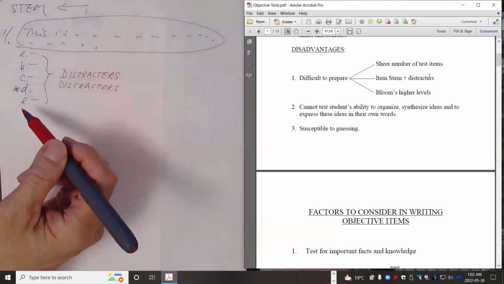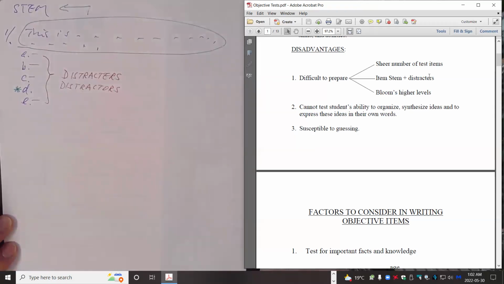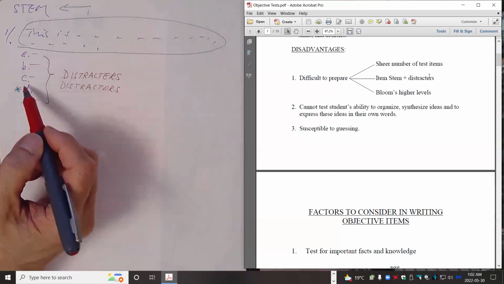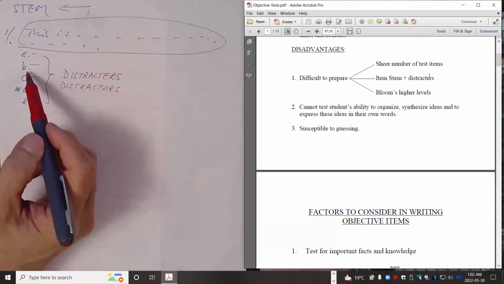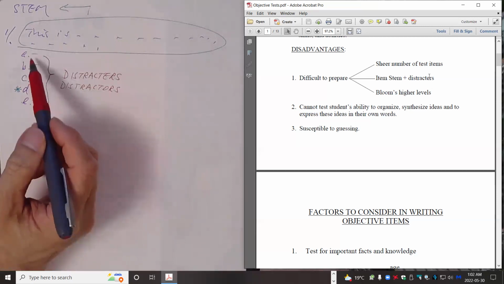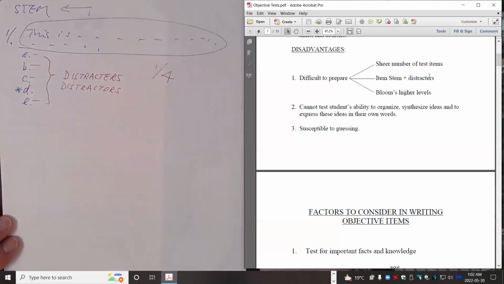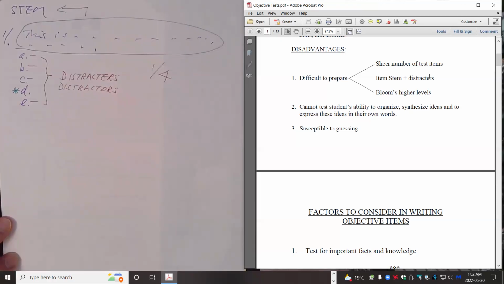Remember our test wiseness lecture: if D is the opposite of A, and B, C, and E are all like A, we have a 1-4 split, a ridiculous relationship, and then you are giving the answer away.